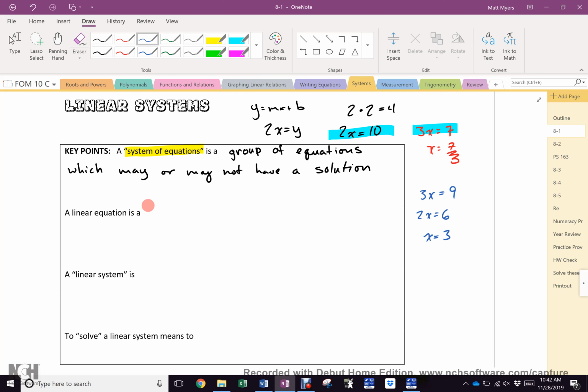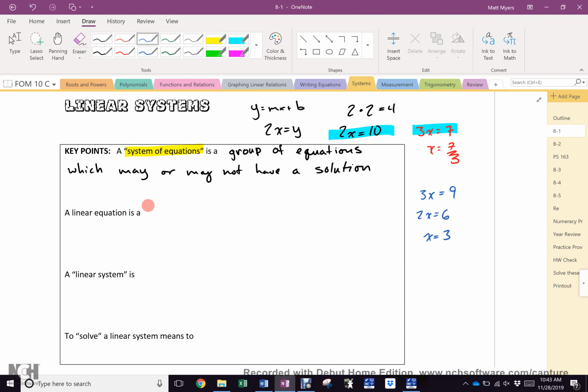What do they look like? X's and Y's. Lovely. Okay. What do those X's and Y's do in a linear equation? Hey, they form a line.